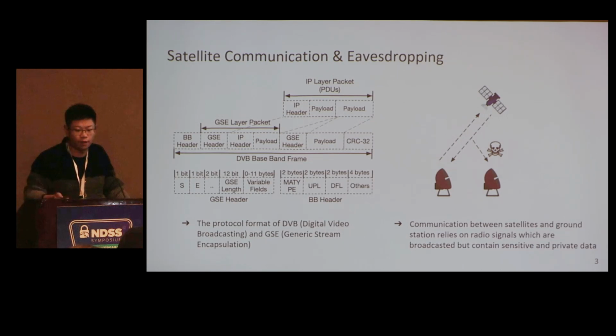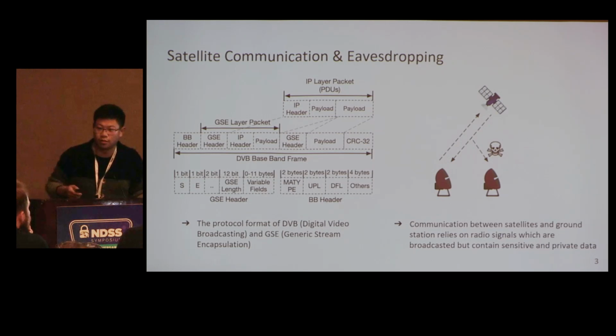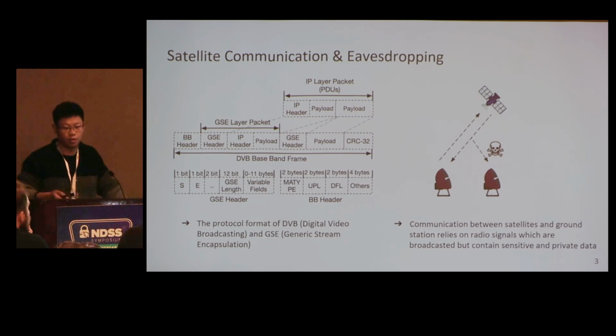For example, you can have another radio receiver to intercept the communication from the satellite to the ground station, or from the ground station uplink to the satellite. So it's not surprising at all, because James demonstrated it in his Oakland paper almost 2 years ago.